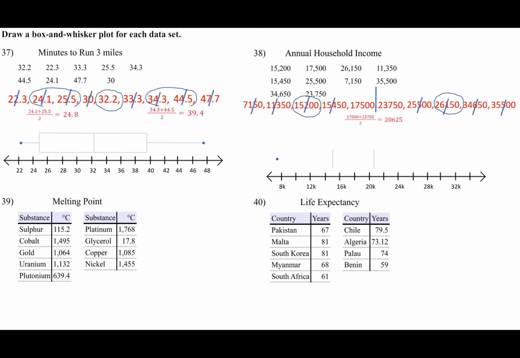The upper quartile is 26,150. And the biggest number that I see is 35,500. It's about there. Remember the 3 marks in the center, I'm going to close them up as a box. And my dots outside of my box, I'm going to connect them with line segments that make them look like a whisker.